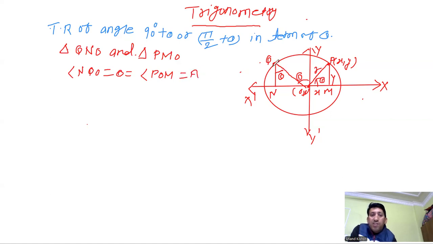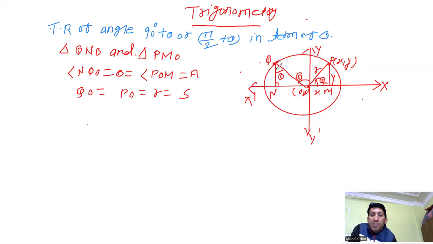Now in triangle QNO, this is QO, and in triangle POM, PO is the radius. So this is the side. And one more: this is angle, side, and here also this angle is 90, this angle is 90.